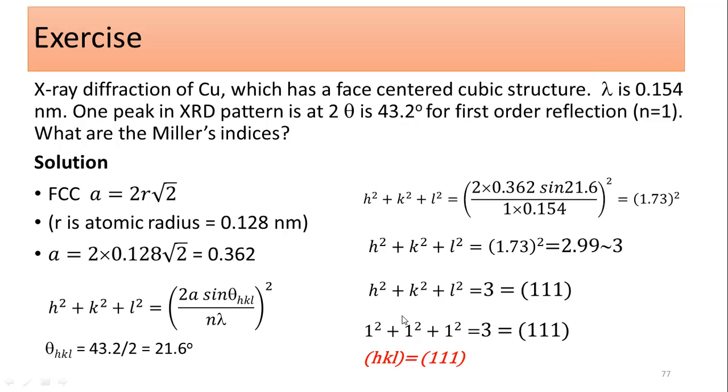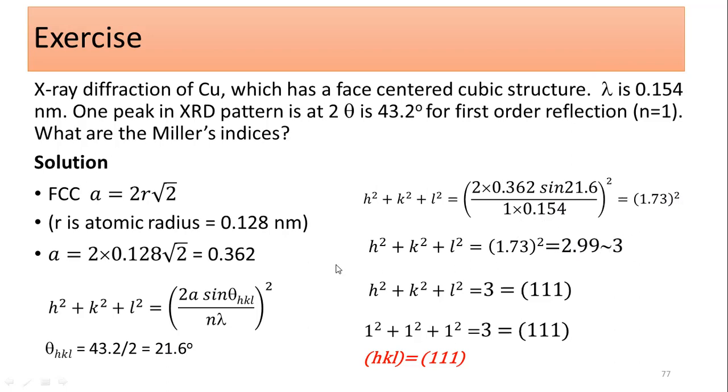So theta is 21.6, and when you put all these values, n is 1 and lambda is 0.154, and the value is 1.73. When you take the square of this, that would be 2.99.